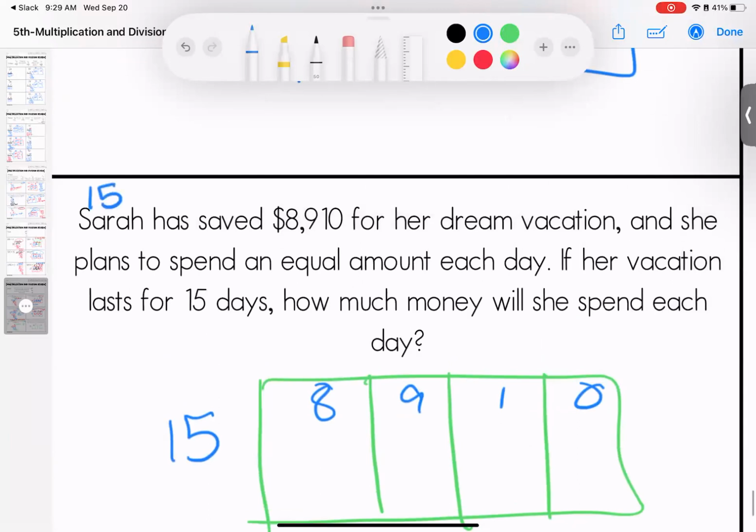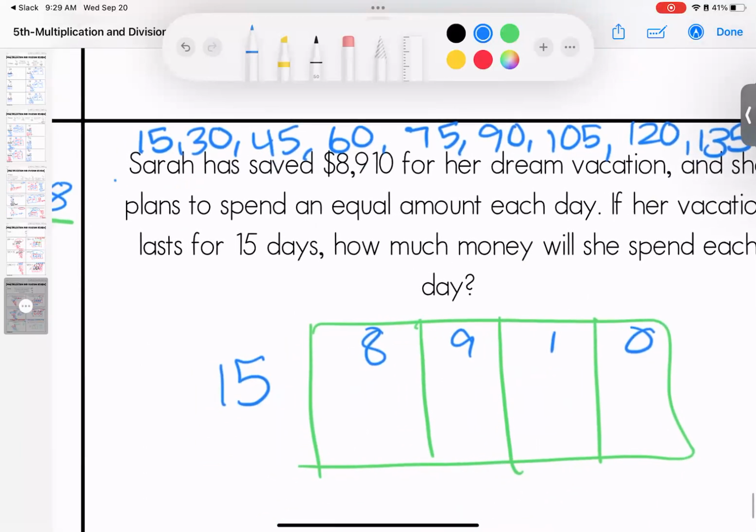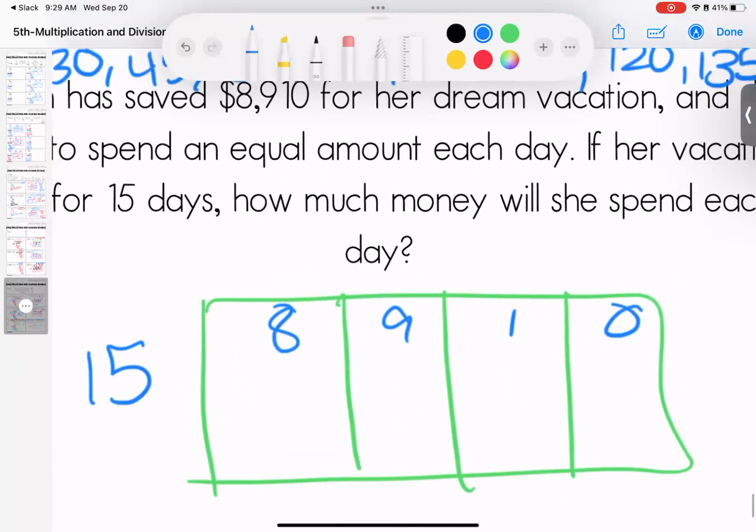So I have 1, 2, 3, 4, 5, 6, 7, 8, 9. And I'm going to label these for you when you get this homework because this is another stretch. These last 2 are big old stretches, but you are awesome, so you can handle it.